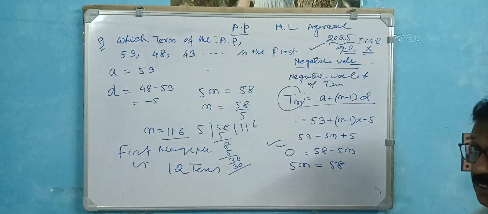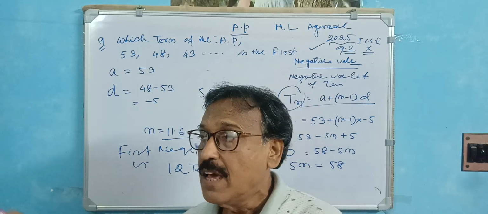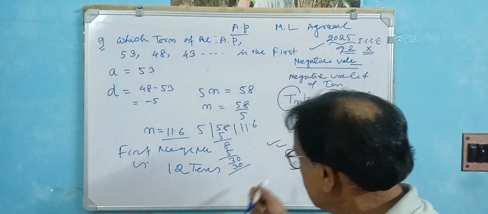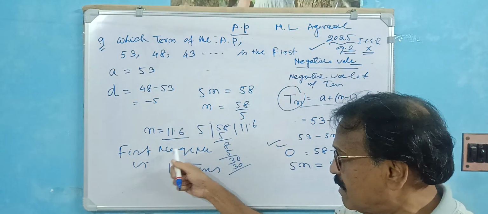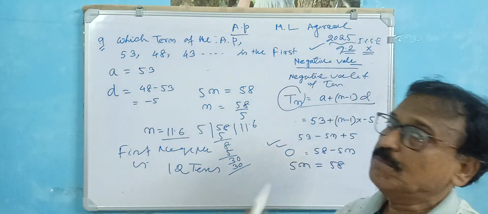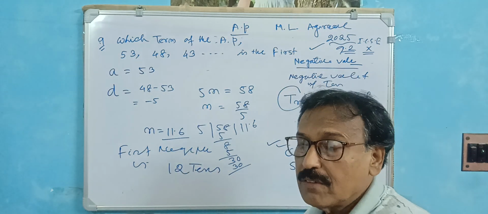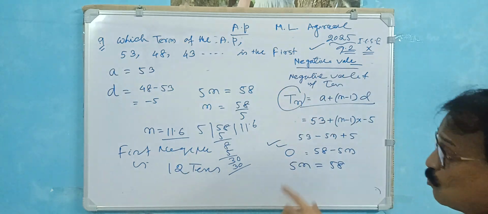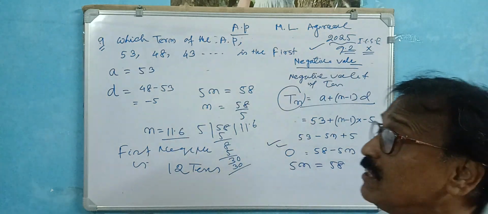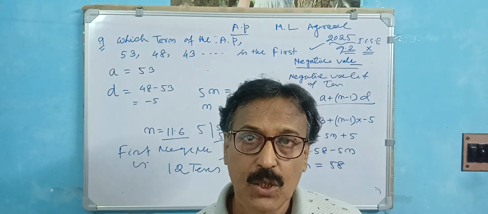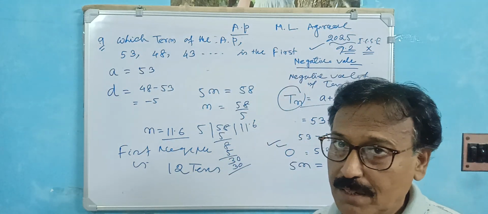But if 0 is coming, that is at 11.6. Gradually increasing, 11.6, 11.78, up to the 12th term, the negative comes, because 0 would be at 11.6. But there is no 11.6 term. In a decreasing order, 0 is not coming.